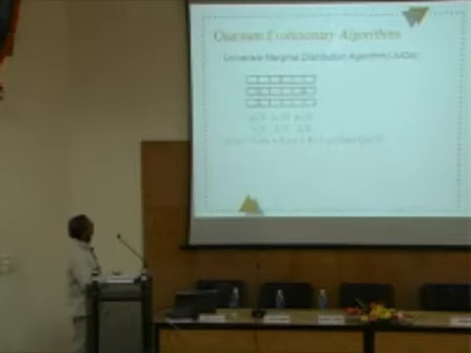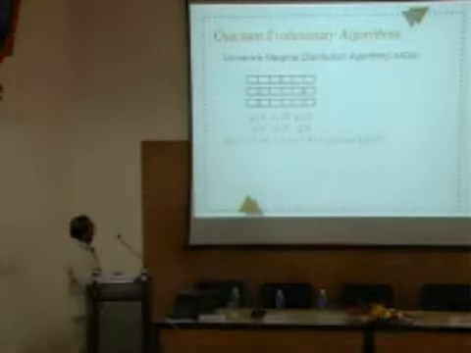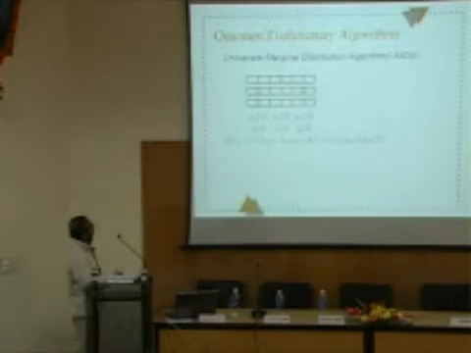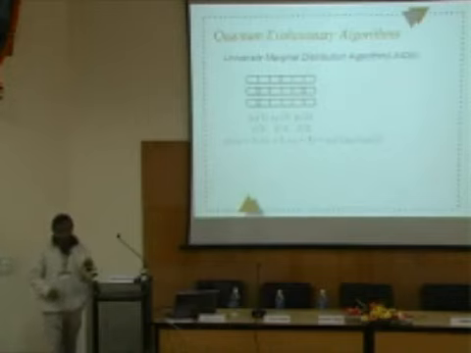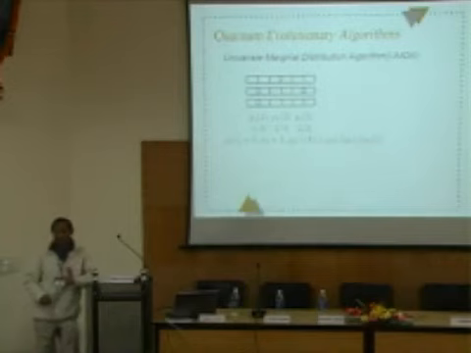The marginal frequency P11 is 1 by 3 here. Similarly, for the second bit it is 2 by 3, and for this one it is 2 by 3. And the assumption in the univariate marginal distribution algorithm is that the probability of x1 equal to 1, x2 equal to 1, and x3 equal to 1 is P11 times P21 times P31. But this is not actually true. This is a very simplified thing.